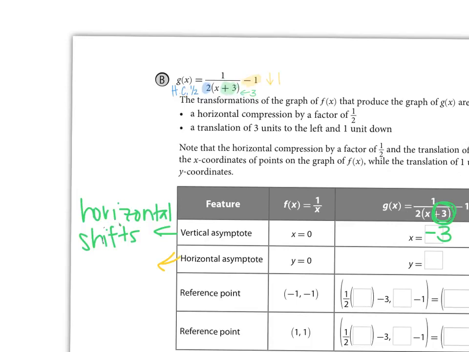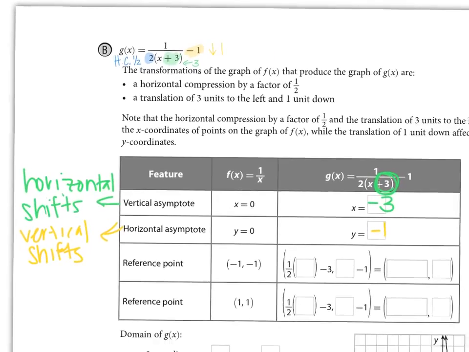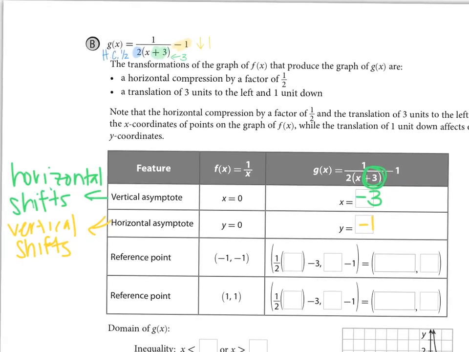So that's affected by our vertical shifts. And that equation would be y equals -1. Again, that has to do with this -1 here, that shift up or down. So C and D are going to affect your asymptotes.